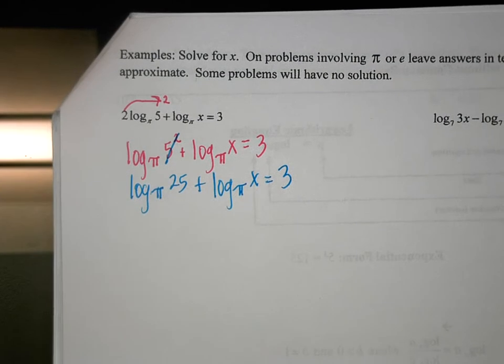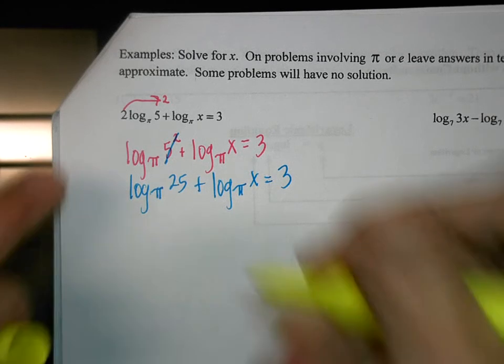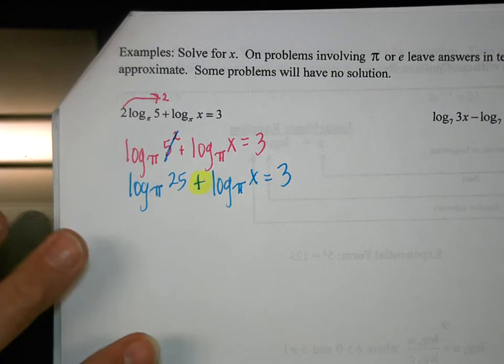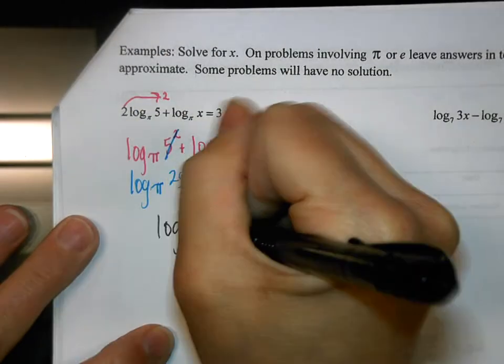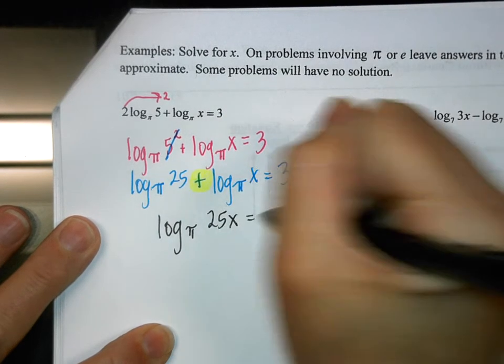So now I need to condense this further. And how do I do that? Good. So when we have addition and we're condensing, the addition changes to multiplication. So I have log base pi of 25x equals 3.